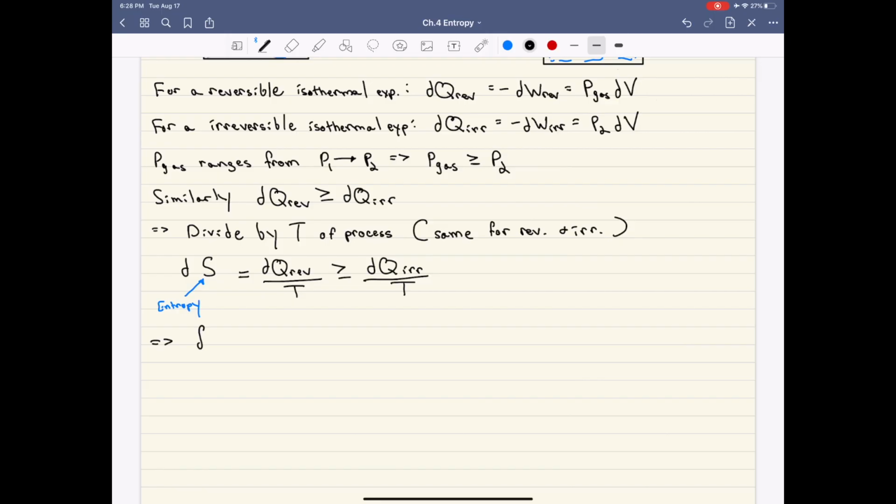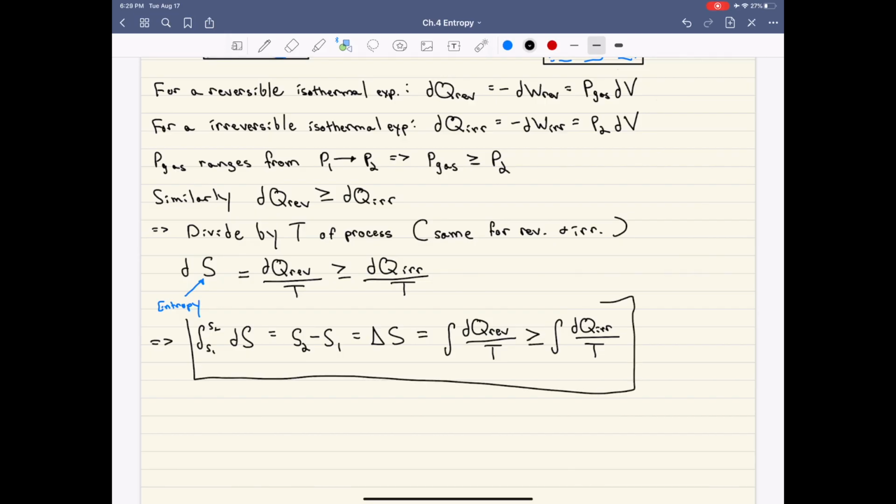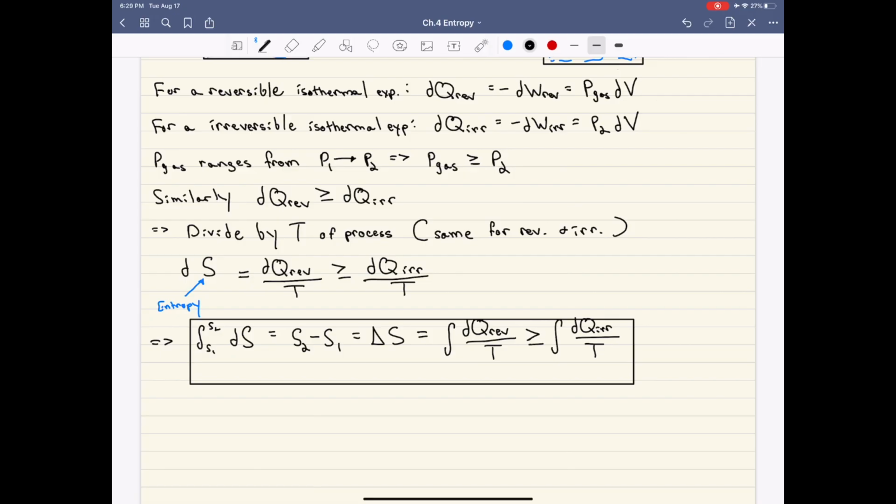If we take the integral from S1 to S2 of dS, this will just give us S2 minus S1, which we could call delta S. And so our change in entropy is equal to the integral of dq rev over T, and this is going to be greater than or equal to the integral of dq IRR over T. And this equation that I just wrote out here is known as the second law of thermodynamics.